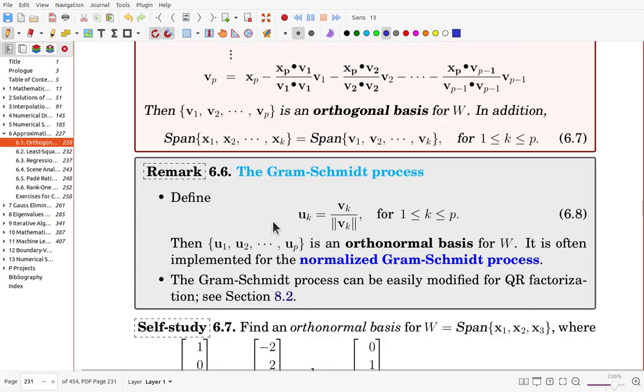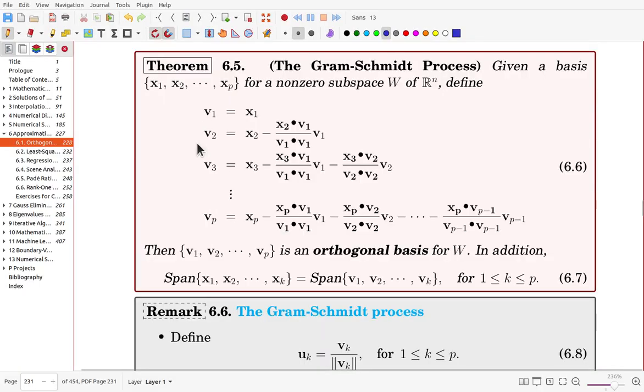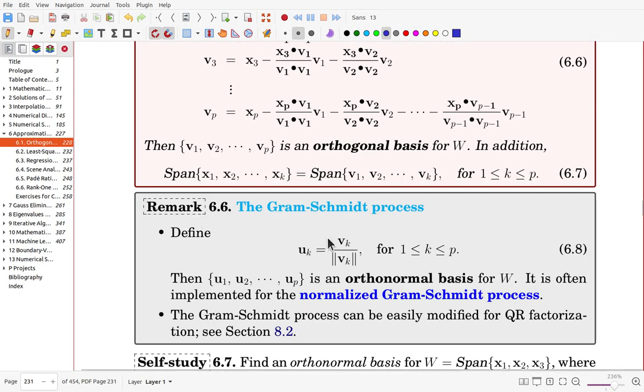Now, after getting these orthogonal vectors, once they are normalized, which means scaled by their magnitude so that each has length 1, that will be an orthonormal basis.